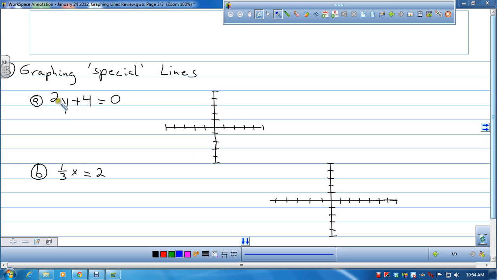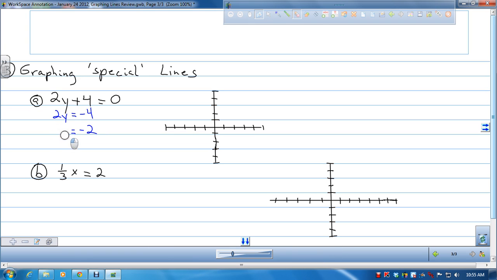So I need to solve for y here. So 2y equals negative 4, y equals negative 2, right? That negative 2 right there is the y-intercept. That's not very pretty, is it? That negative 2 is the y-intercept. 1, 2. Now, what kind of line must that be?